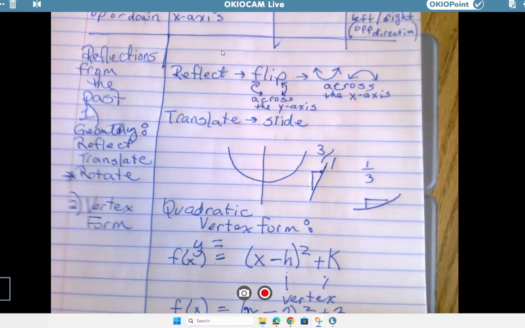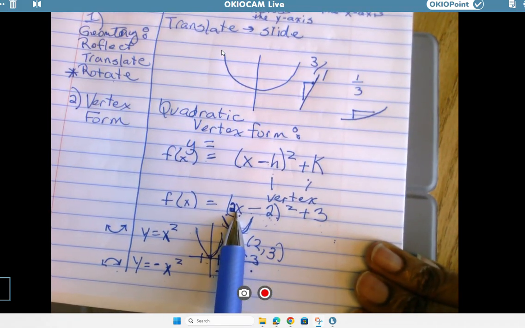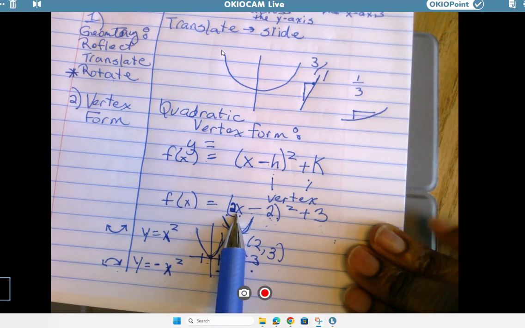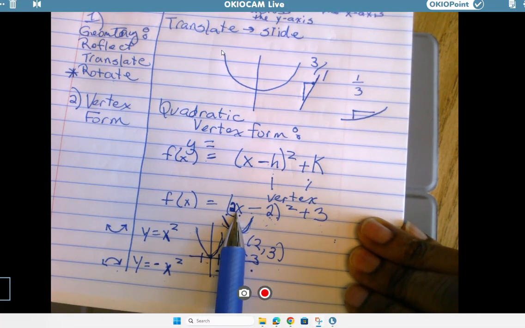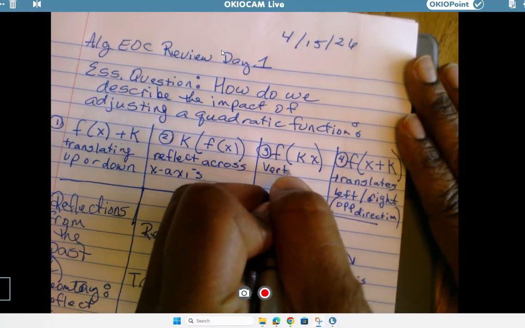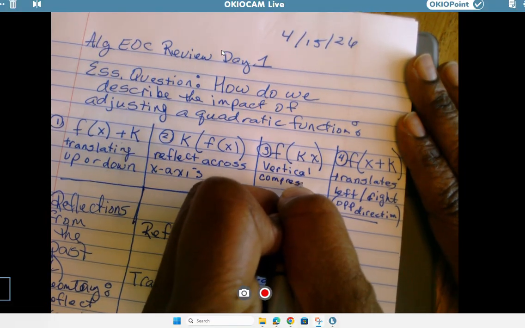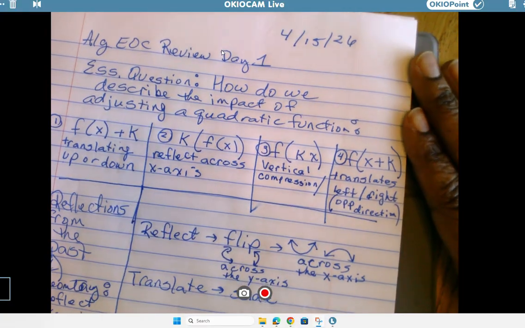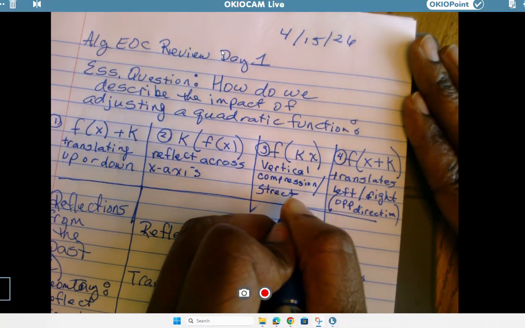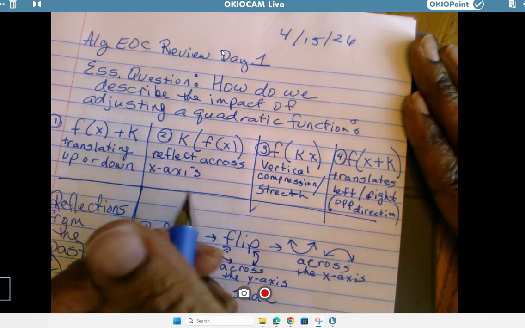So when you manipulate the input, you are affecting the slant of the line, which affects whether it is vertically compressed or whether it is vertically stretched. So number 3 is vertical compression. What was the other word? Stretch. S-T-R-E-T-C-H. There you go.